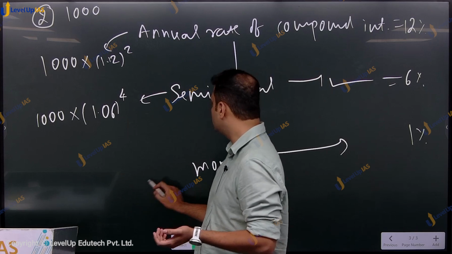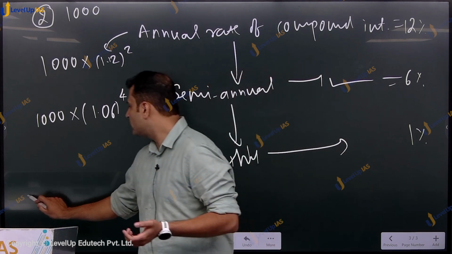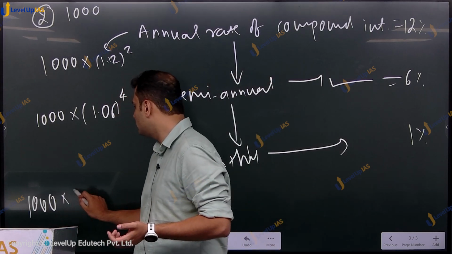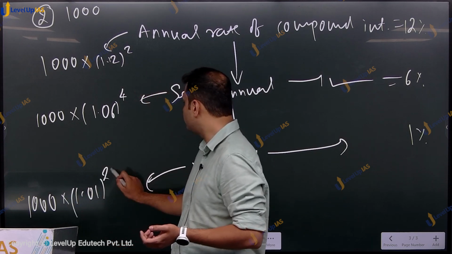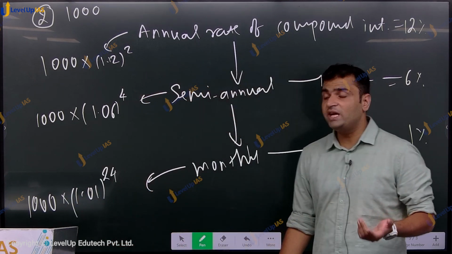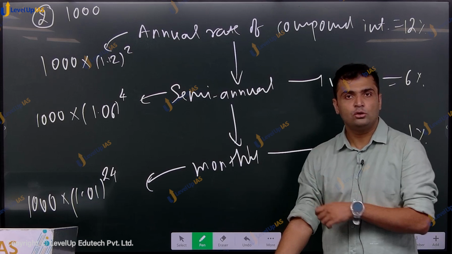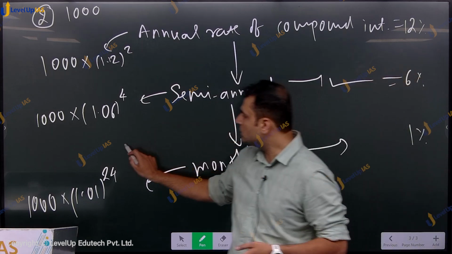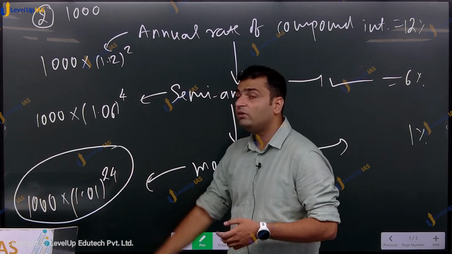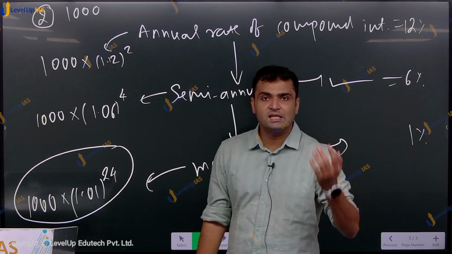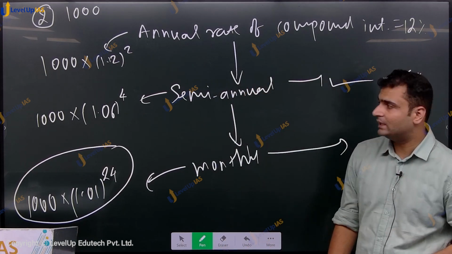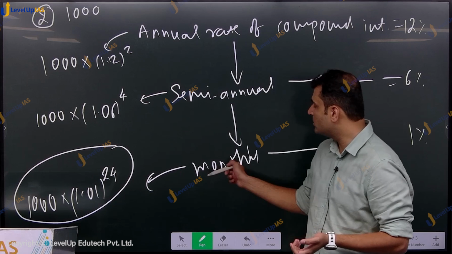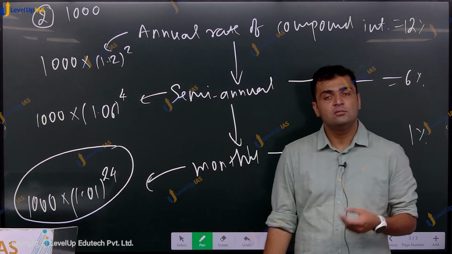So this will be my money. In this case, it is 1000 into 1.01 to the power 24, right? Because there are 24 months in 2 years. And in this case, this amount will be maximum. जितनी बार ज्यादा कंपाउंडिंग करोगे उतना ज्यादा आपको पैसा मिलेगा. That is the fact. Fine. So this money will be maximum. The more the compounding, the more money you will get.